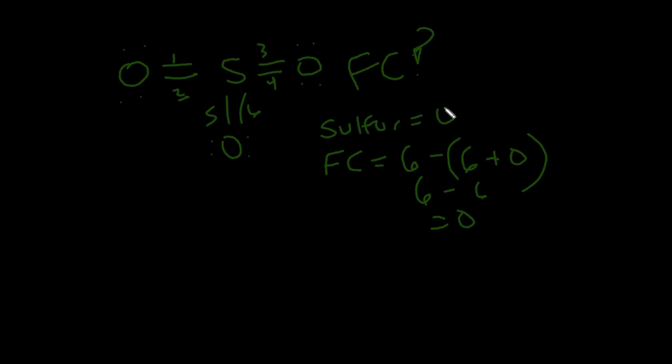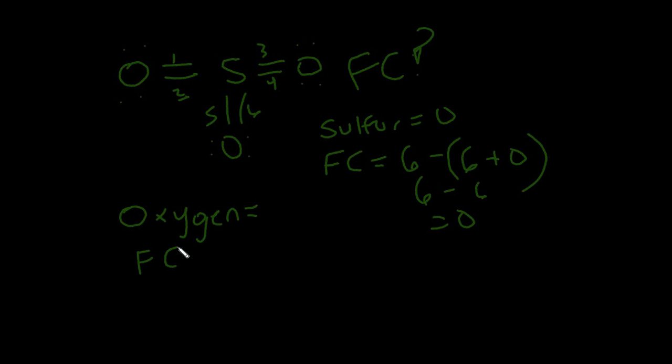Now how about the 3 oxygens? For oxygen, we're not going to do each oxygen because you'll get the same formal charge for all of them anyway. So you have oxygen. Formal charge is the same as sulfur.